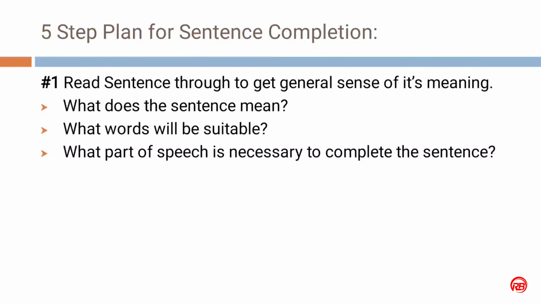While reading the sentence, we should get the general sense of the given sentence and we have to raise these kinds of questions to ourselves. What is the meaning of the sentence, what word will be suitable for the given blank, and which part of speech will be suitable for the question.